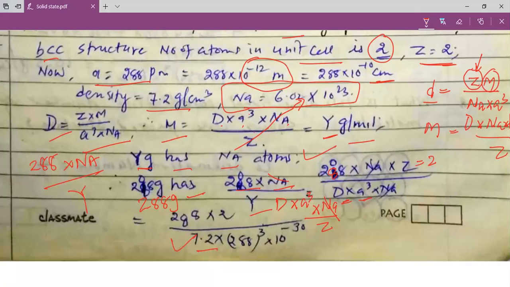For the side, we will take the value in centimeter because the density is given in centimeter. So we will write 288 cube multiplied by 10 to the power minus 10 cube, that is 10 to the power minus 30.